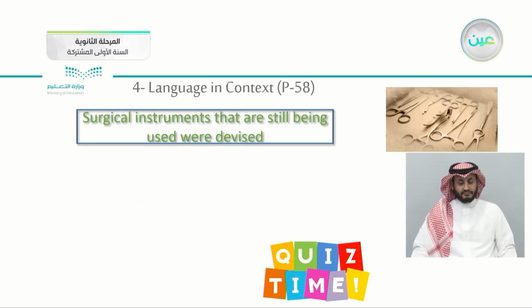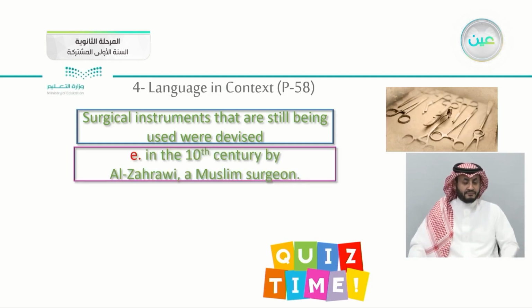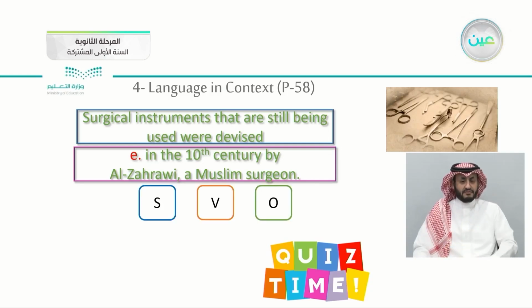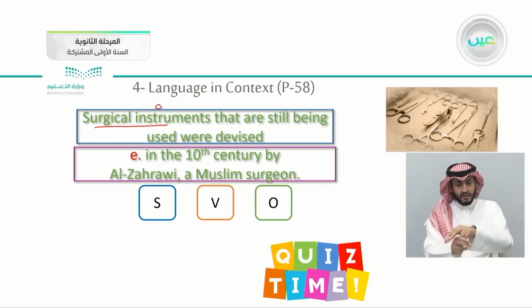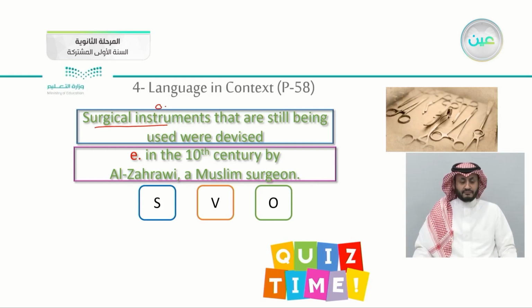One more. Surgical instruments that are still being used were devised or invented. They were come up with by whom? Who did them? In the 10th century by al-Zahrawi, a Muslim surgeon, a physician. So we are speaking about the surgical instruments. This is the object. And who did the action?